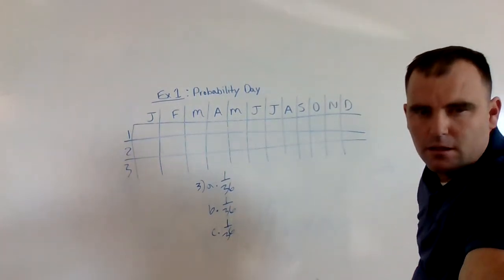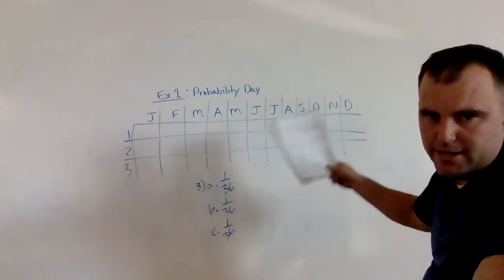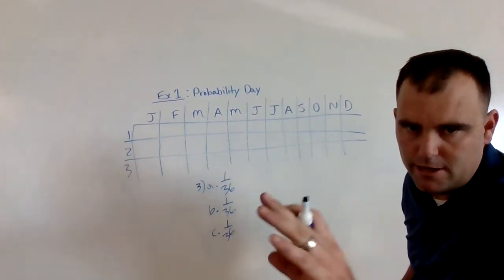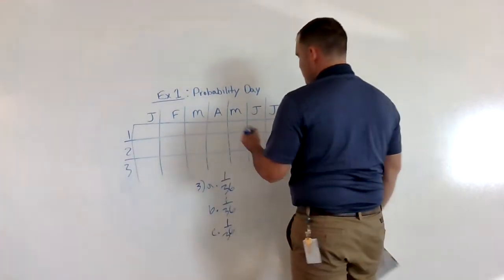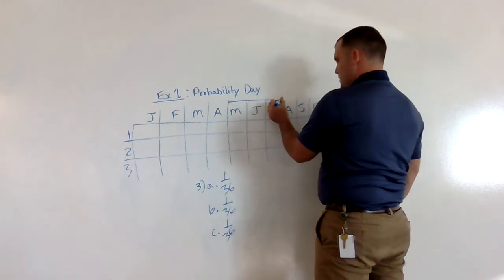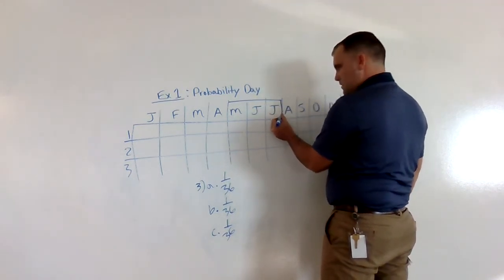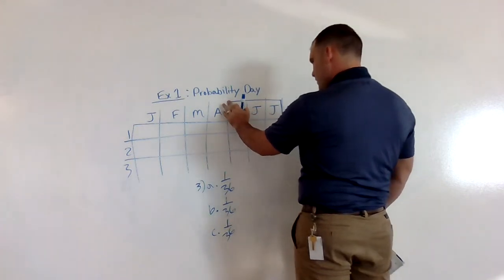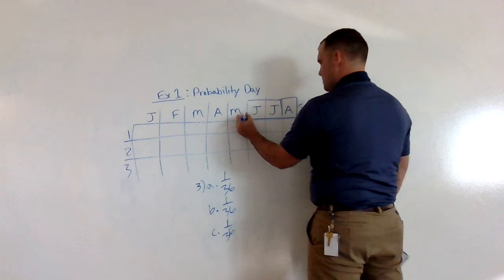Now number 4 says, studying this sample space, let the probability of A represent the probability of randomly choosing a summer month. And what our textbook wanted was June, July, and August as our summer dates.